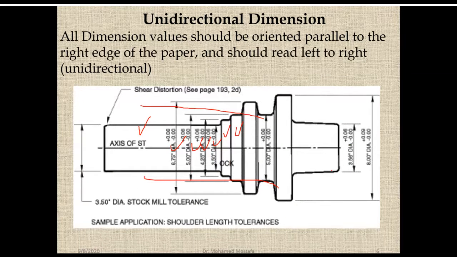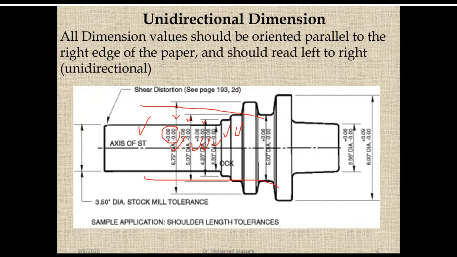Here is a very famous example of what's called the stock mill. As you can see, guys, there are a lot of dimensions with something called the tolerance, which considers the manufacturing method, which is not our business for this class. But look at the way he arranged the dimensions. He started with the smaller, then the next bigger, then the bigger of the bigger, and so on until he ended up with the very last dimension.